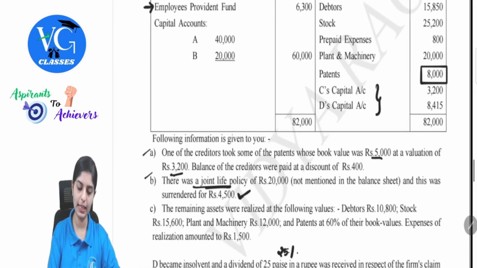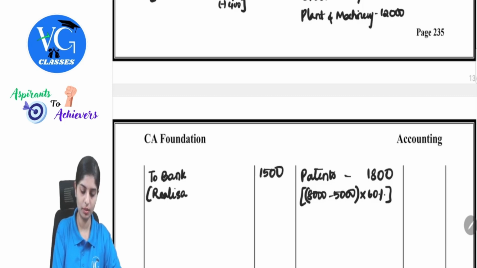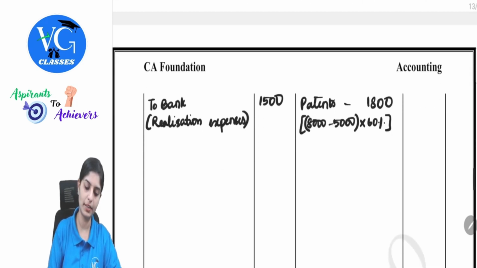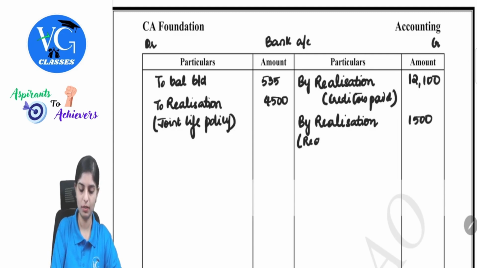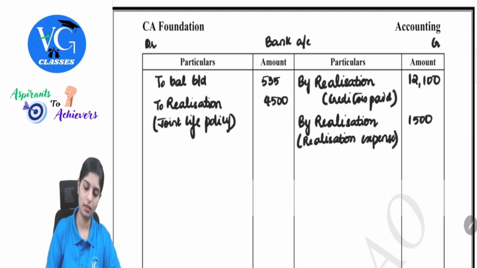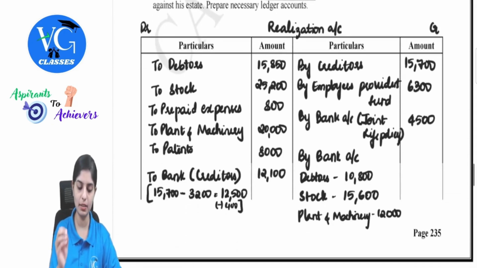Then expenses of realization 1,500 is given. So to bank, realization expense. So by realization 1,500, realization expense. All right. So just to cross check, we had creditors who settled.